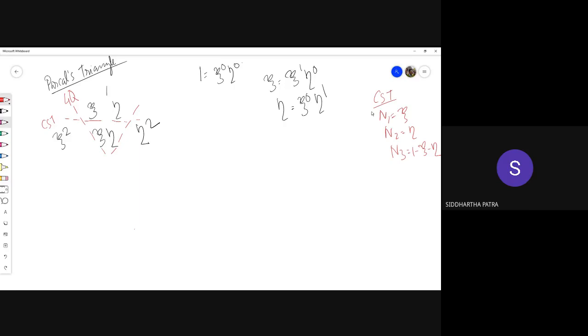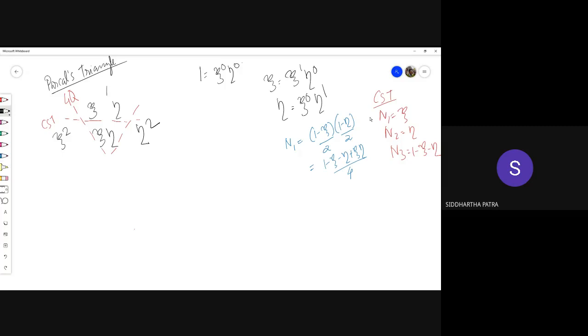For example, in the case of the four-noded quad element, the first shape function would be 1 minus xi by 2 times 1 minus eta by 2. Essentially you get terms like 1 minus xi minus eta plus xi eta divided by 4. These four terms come from here. That's how you construct the four-noded quad element.